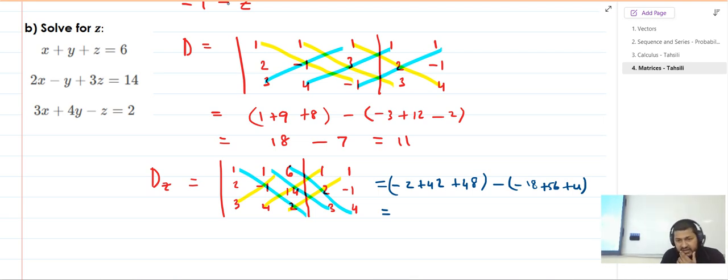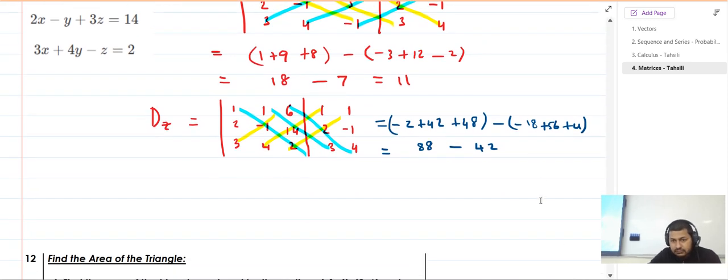That's 40 and 48, that's 88, minus 56 and 4 will give me 60. 60 minus 18 is 42, so negative 42. Yeah, so that's going to give me 46.